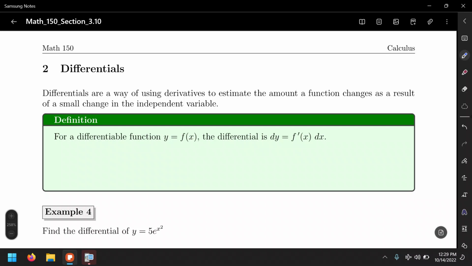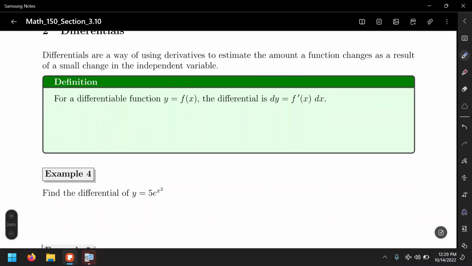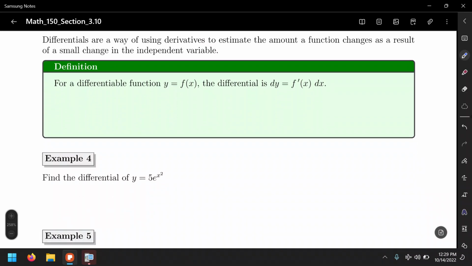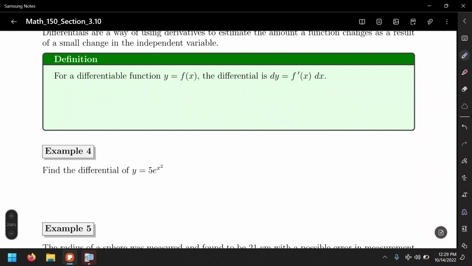But first, we are going to treat this like functions in terms of derivatives. All right. So here is the thing. This function y equals f of x. When we take the derivative, and I'm going to use Leibniz notation, dy dx, that's f prime of x.